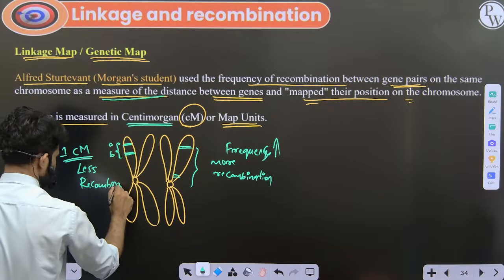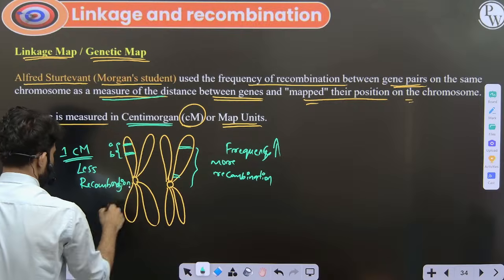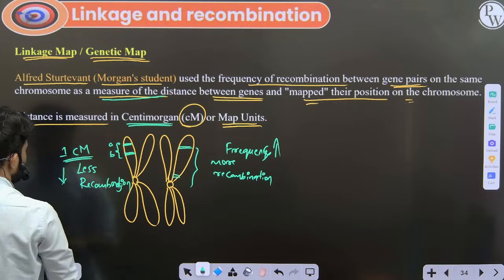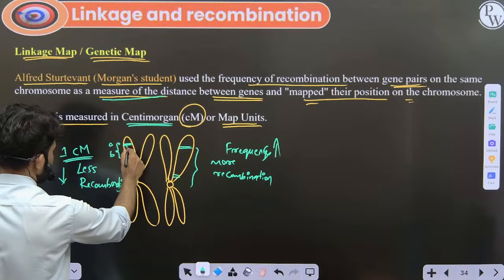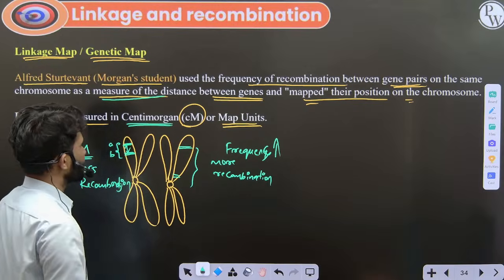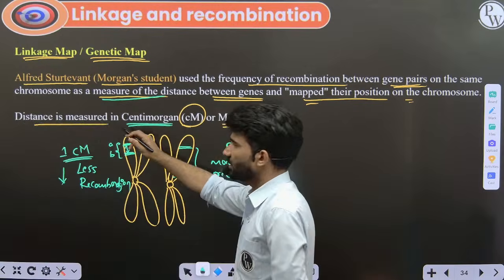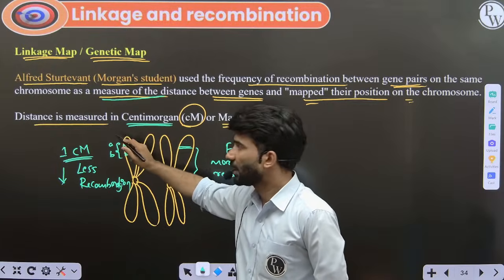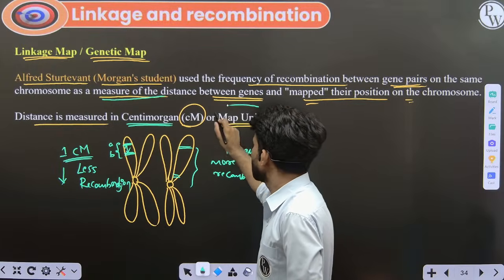If they are closely connected, the frequency is less, and the distance between those two genes is small.